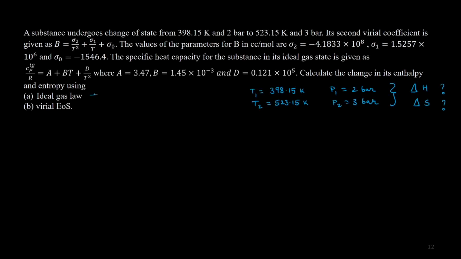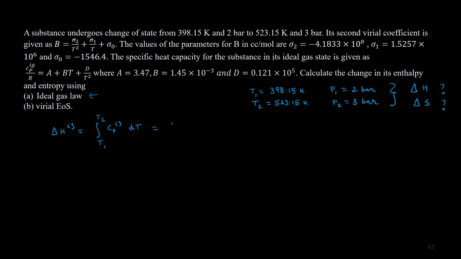First thing we want to do is use an ideal gas law to calculate these changes. So I'm interested in delta H ig. As you recall, for an ideal gas, H is only a function of temperature. So in this case, delta H ig is simply going to be the integral of Cp ig dT from T1 to T2.